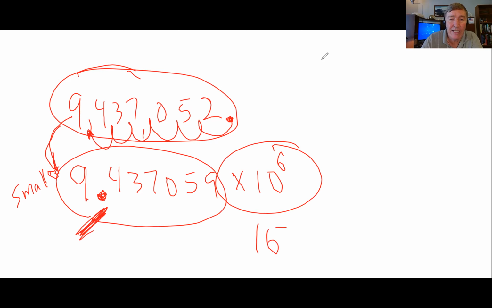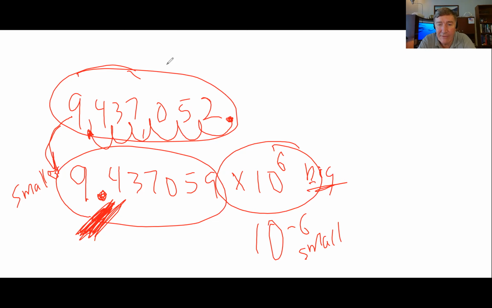So 10 to the -6 is a very small number. So that's not going to do the job for me. I need to take my number over here, which is smaller, and I need to multiply by something that's big. So no, 10 to the negative 6 is not going to do it. It's going to have to be a 10 to the positive 6. Okay, thank you. Yeah.